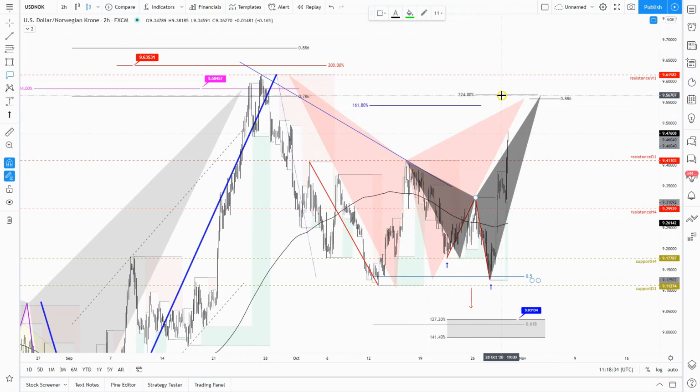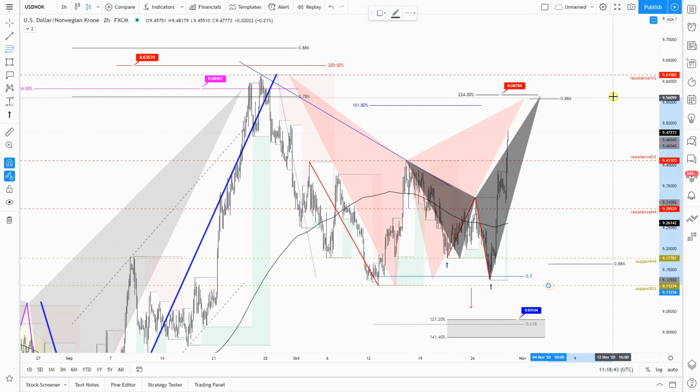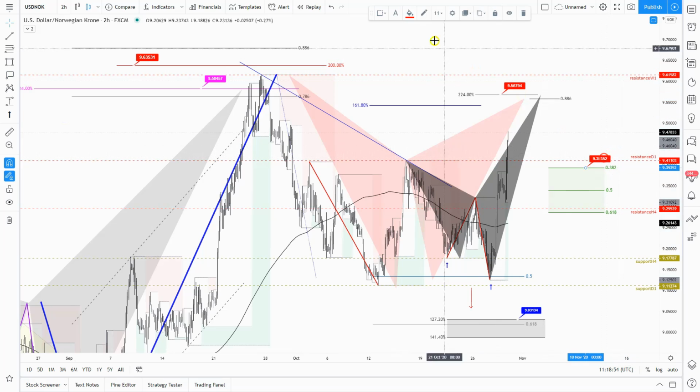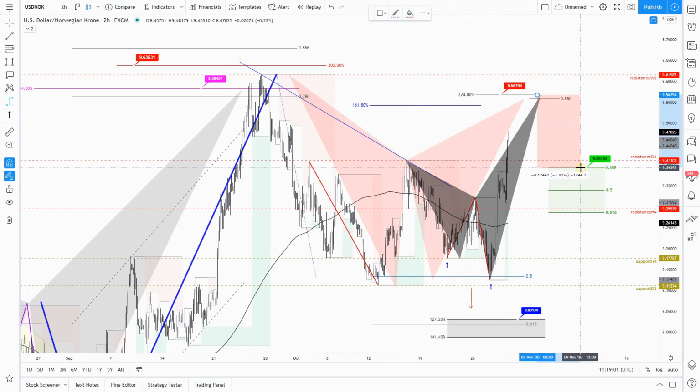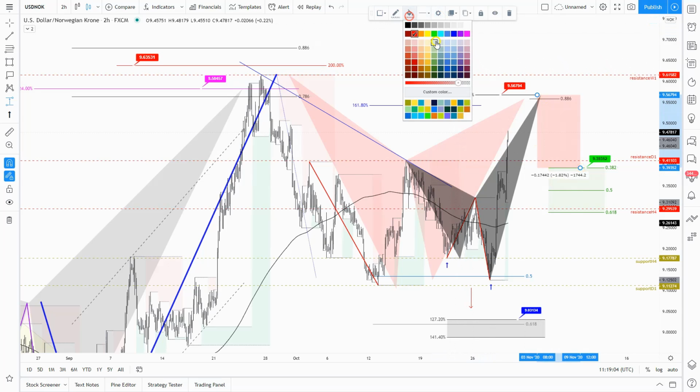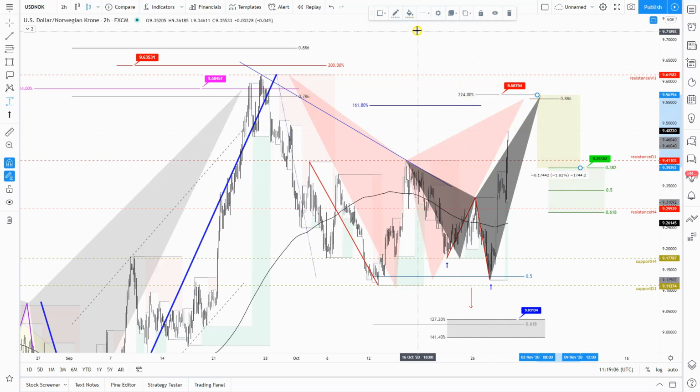Price 224. Default targets, retracement from the 224% Fibonacci targets. Default target minimum 38% Fib. Let's measure that. 1.8% below.